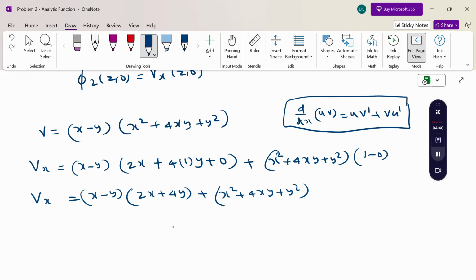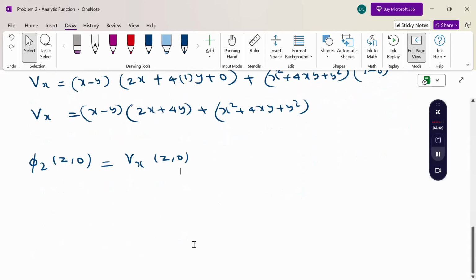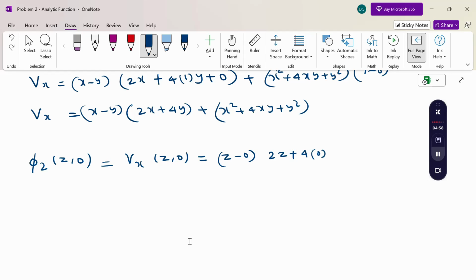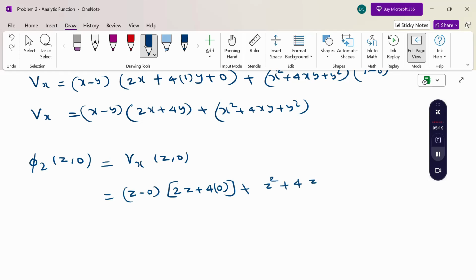Now what is the value of phi 2 of z comma 0? Phi 2 of z comma 0 is nothing but capital Vx, substituting x as z and y as 0. Therefore, z minus 0, then 2z plus 4 into 0, plus z square plus 4z into 0 plus 0 square.